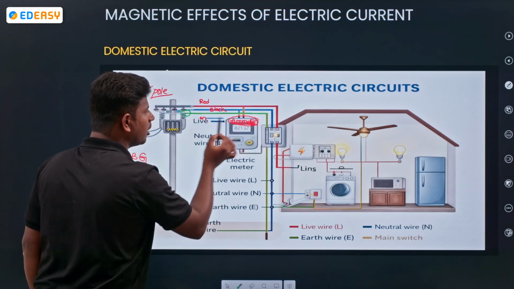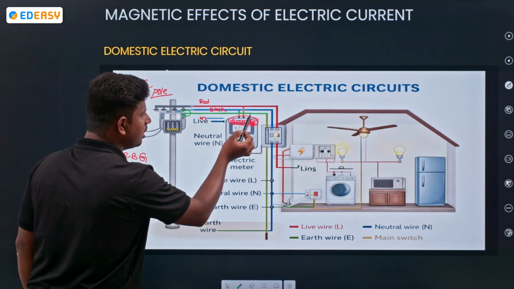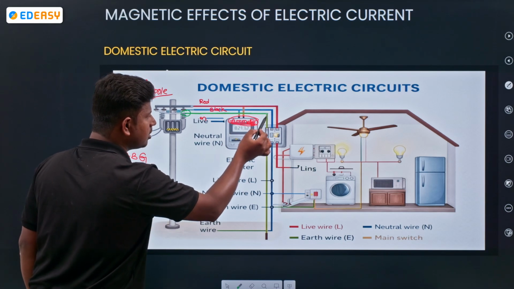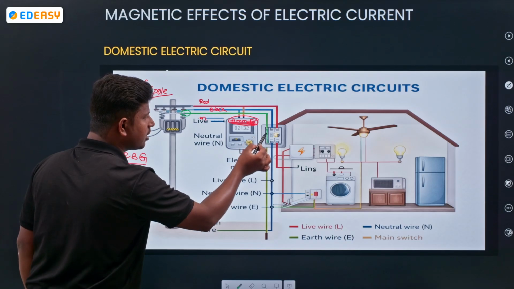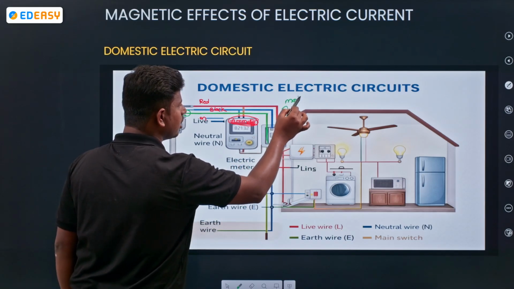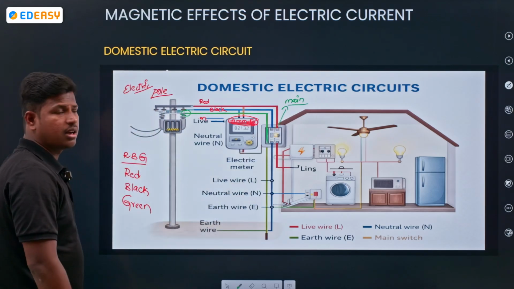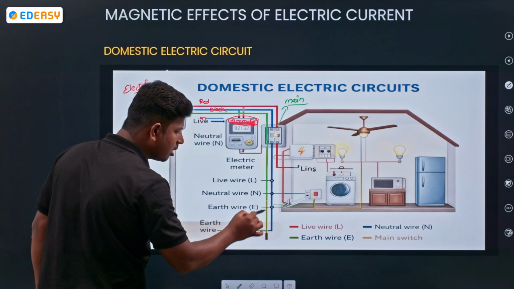Through the meter, what is coming? No green wire. See where it is connected. It is connected directly to the main board only.